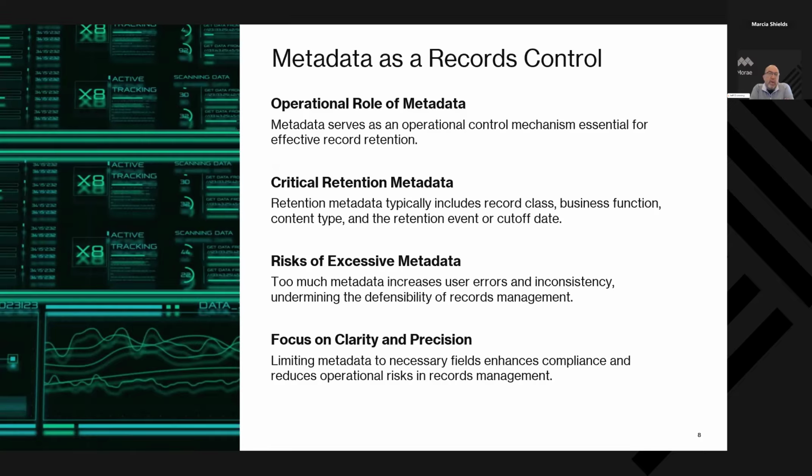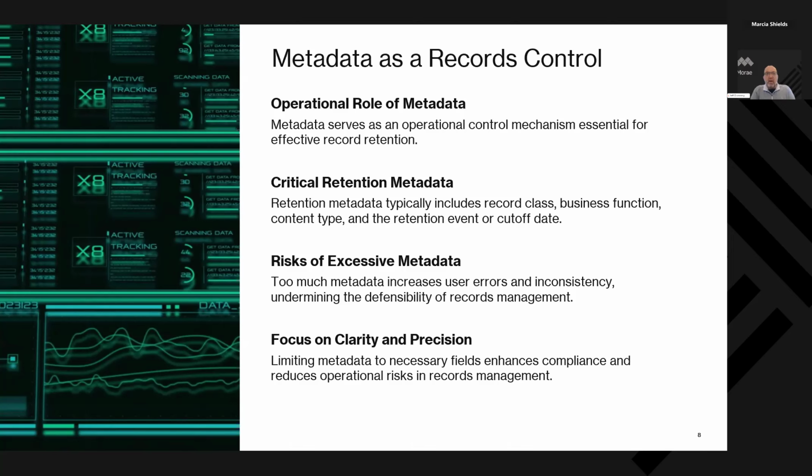And in most programs, we just need a few pieces of information. We've got to capture the category or class, right? So what category or class it's in, and Gimmal Records will apply that based on the rules we assign around other metadata, the business function, the content or record type, which is super helpful in what I would call our semi-structured environments.